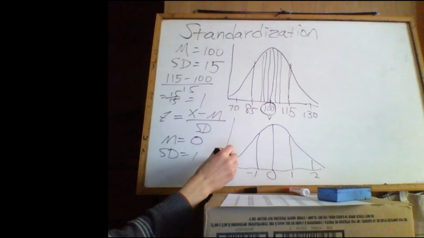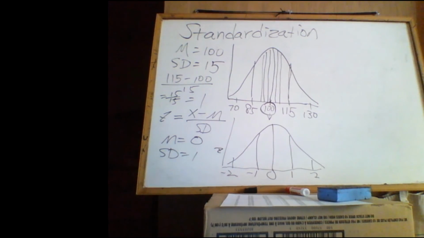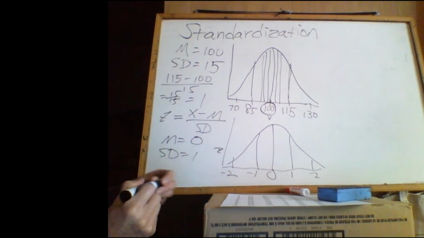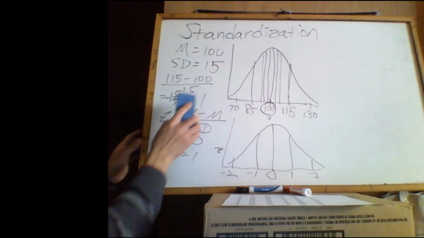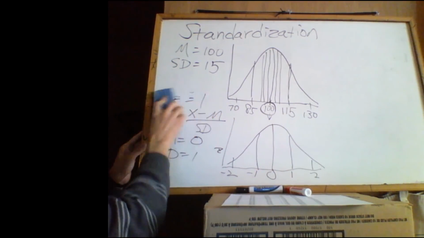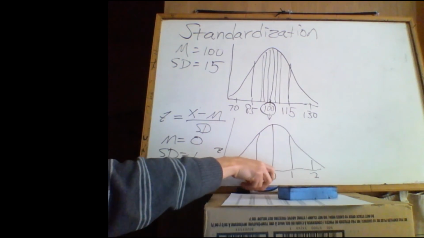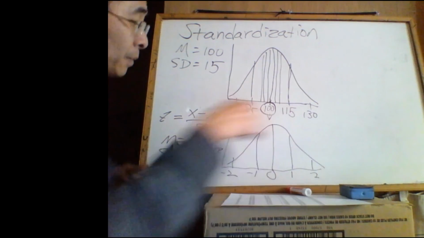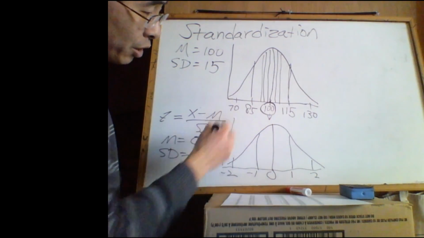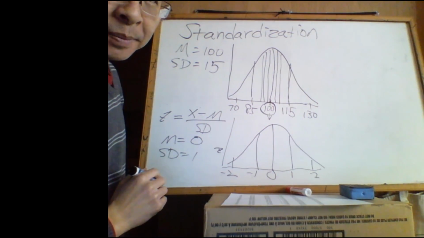And 70 will become negative 2 if we use this formula. So that is the z distribution. We can convert those raw scores into z-scores. Okay.